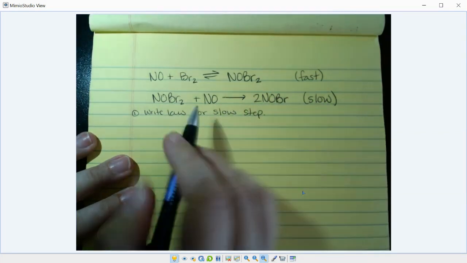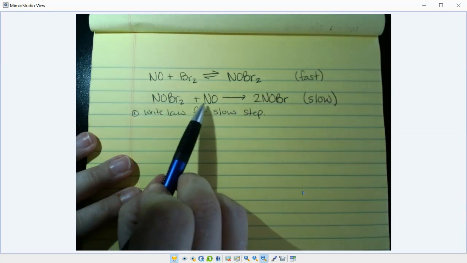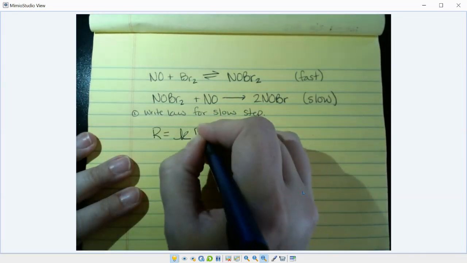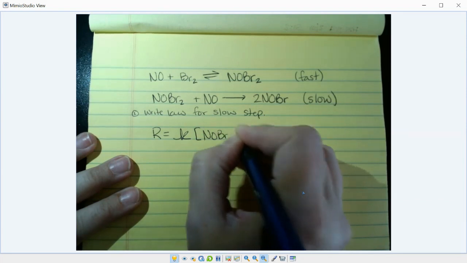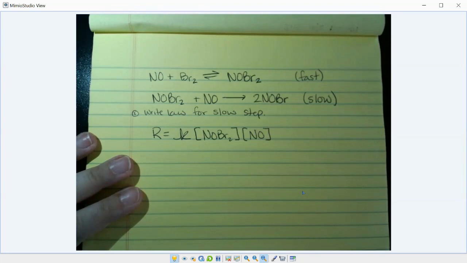And that's easy enough because we already know that since this is an elementary step, we just use the coefficients, which in this case are just 1. So we say rate equals K, NOBr2, and NO. So that is the rate law for the slow step.